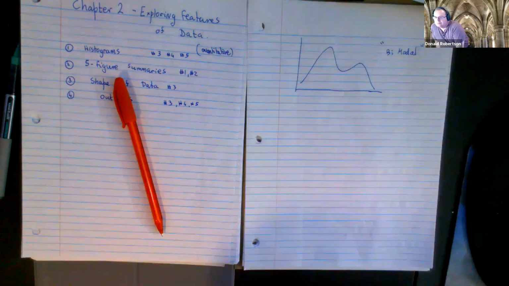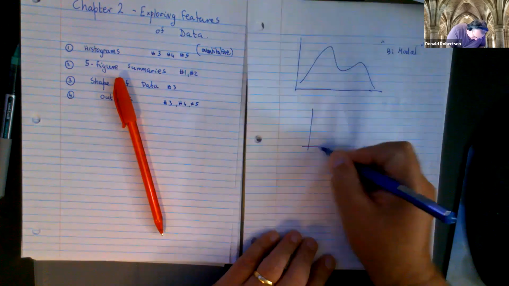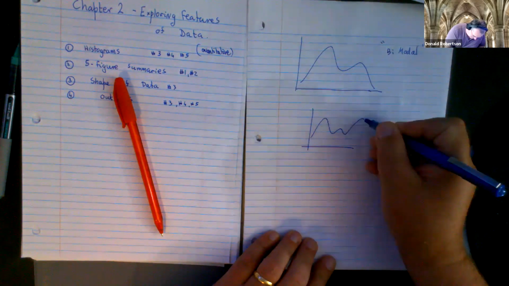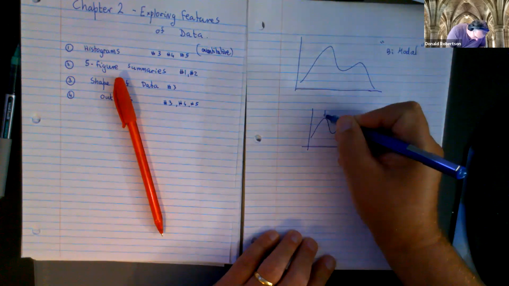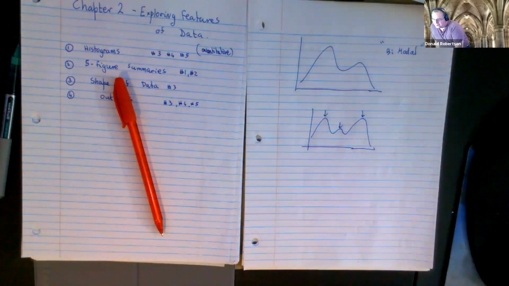We would describe this histogram as bimodal. Bi is the same word from bicycle, meaning two. Now, could you imagine a situation where your histogram had three hills? Anybody want to guess what you might call a histogram that had three distinct hills in it?